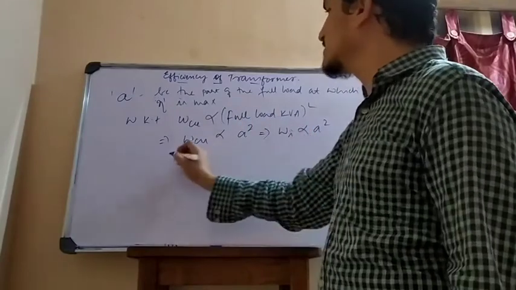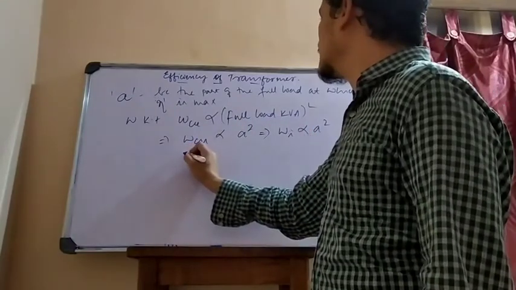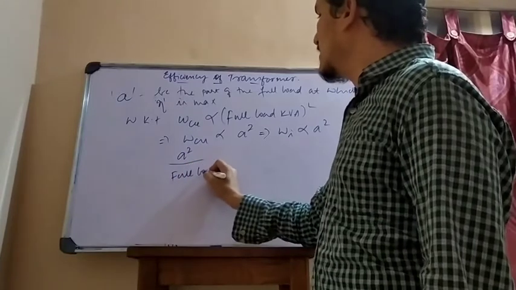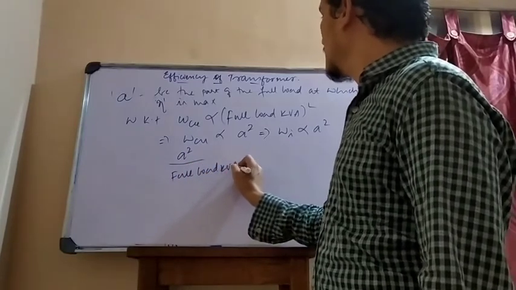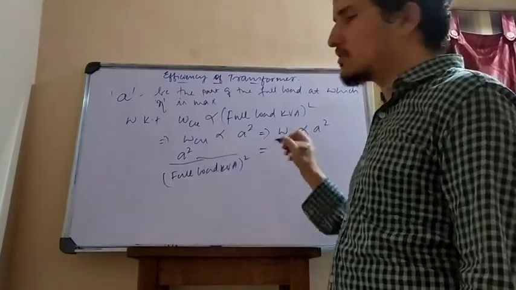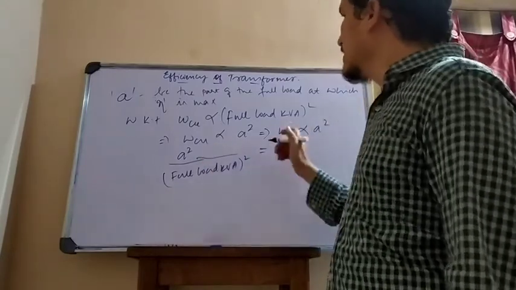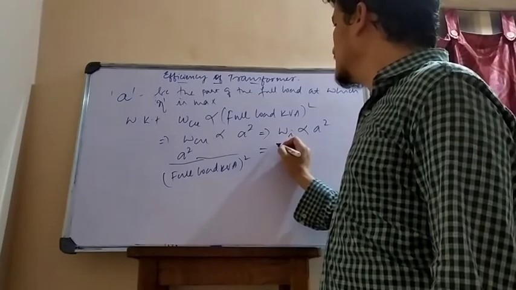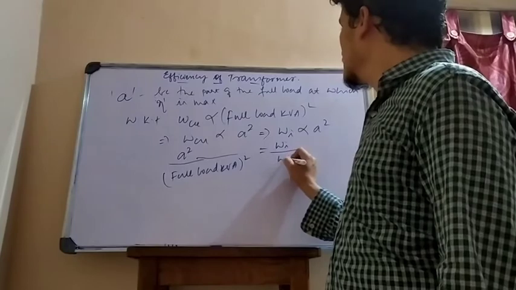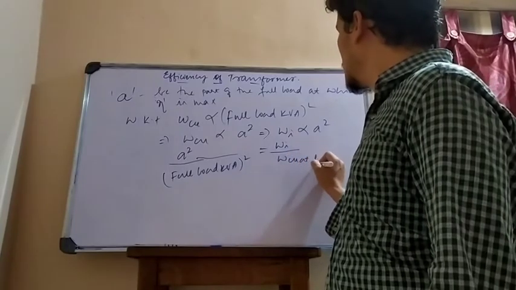So I will divide both of these. A square divided by full load kVA whole square. The proportionality constants both get cancelled. Then Wi divided by WCU at full load.